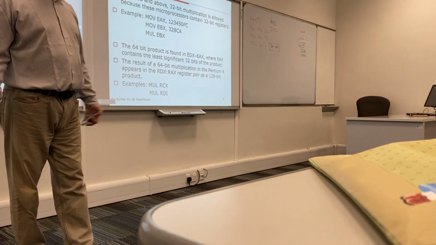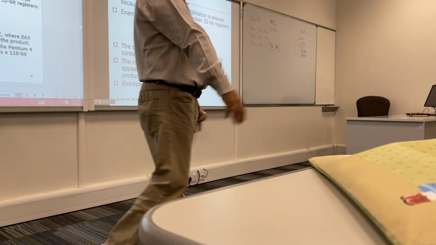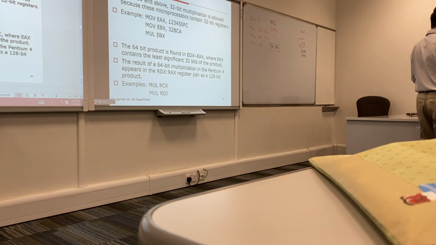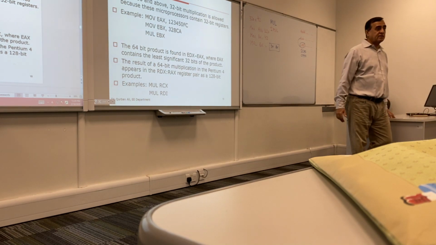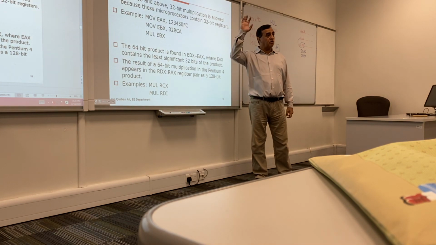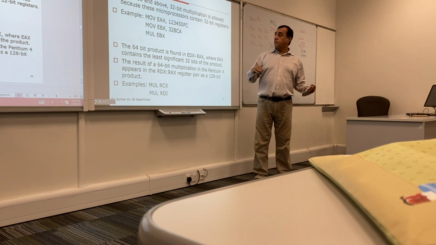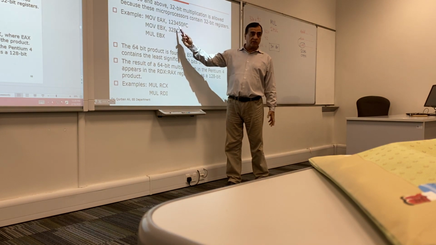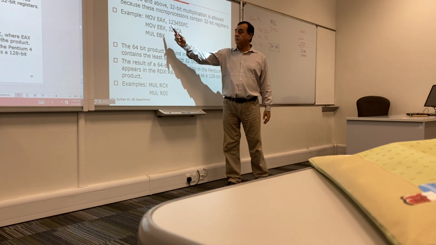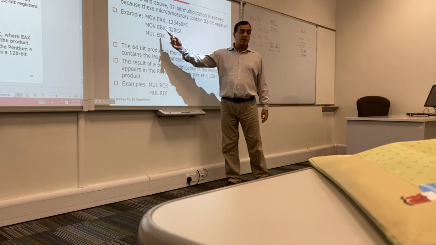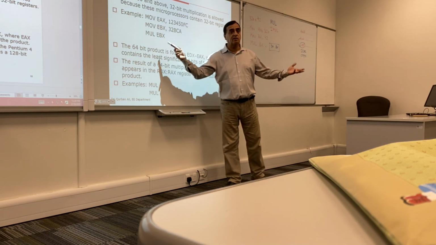Okay, because we started from the beginning with real mode, protected mode, flat mode, 16-bit processors, 32-bit processors, and 64-bit, the rules I told you before are the same. Now if it is 32-bit, you see here, the bigger value goes in EAX, another value bigger than a word goes into EBX, and I say mul EBX.